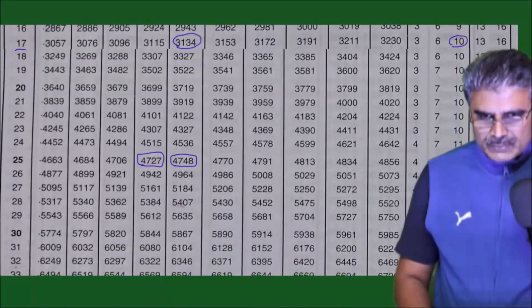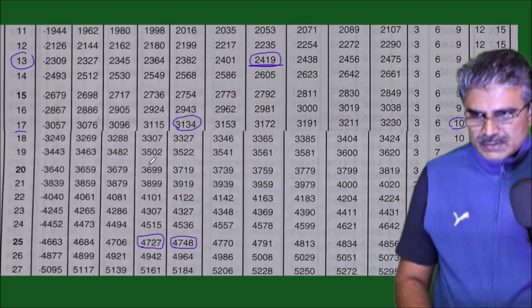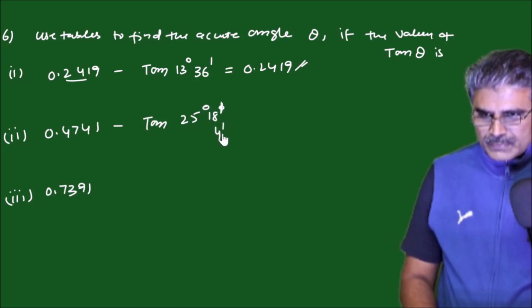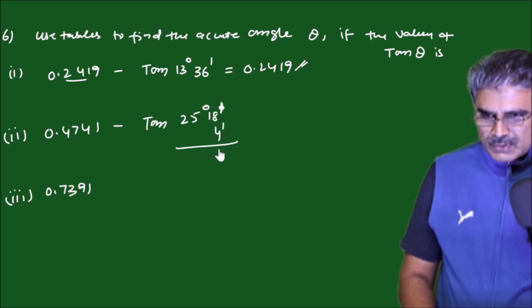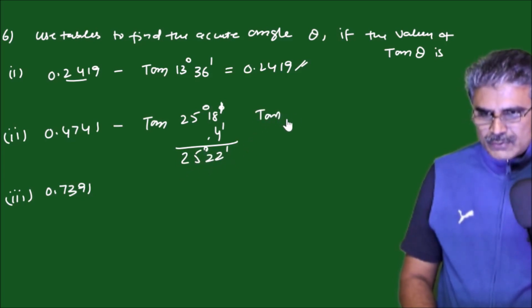So here we have 4 minutes extra at 25 degrees 18 minutes. So tan 25 degrees 18 minutes, and we have 4 minutes extra from the mean difference. So 25 degrees 22 minutes is the value of the angle.